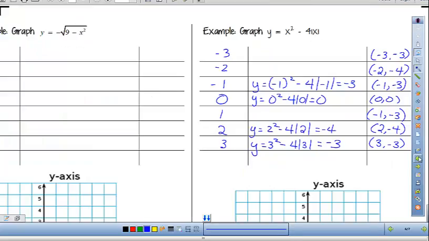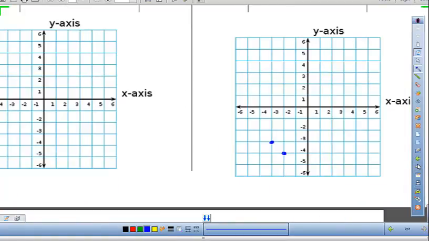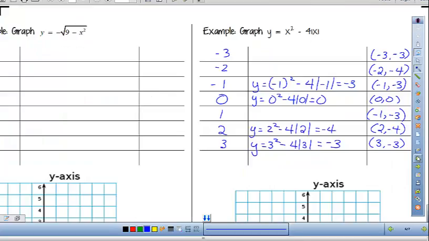Then we had negative 1, negative 3; 0, 0. What else? This should be positive 1, negative 3.